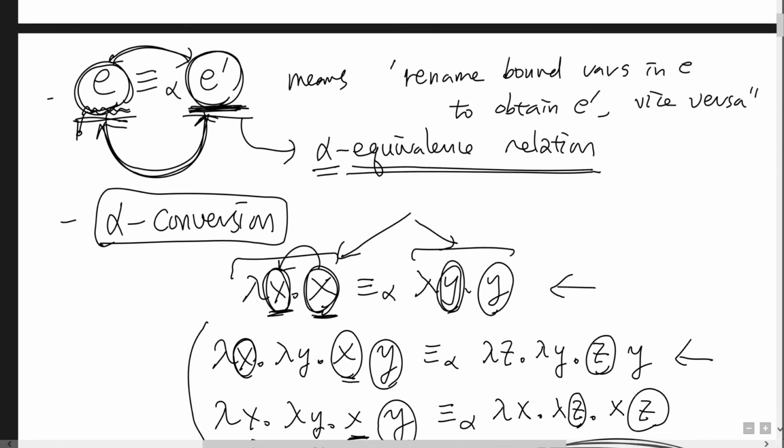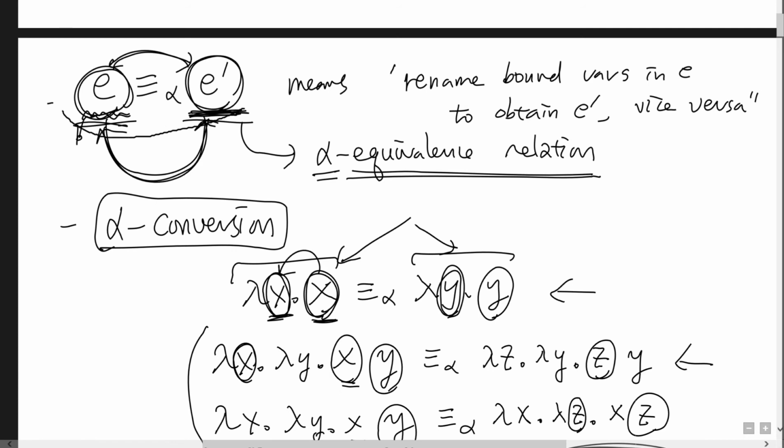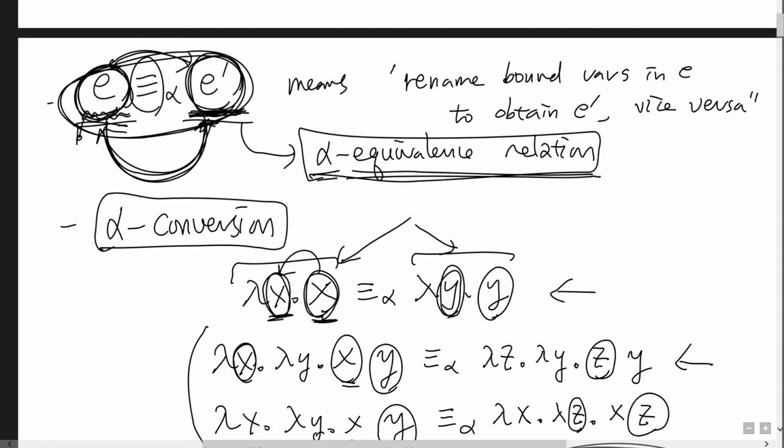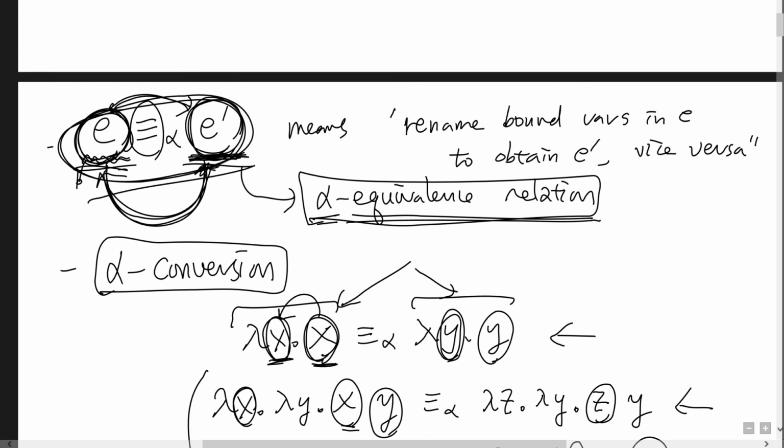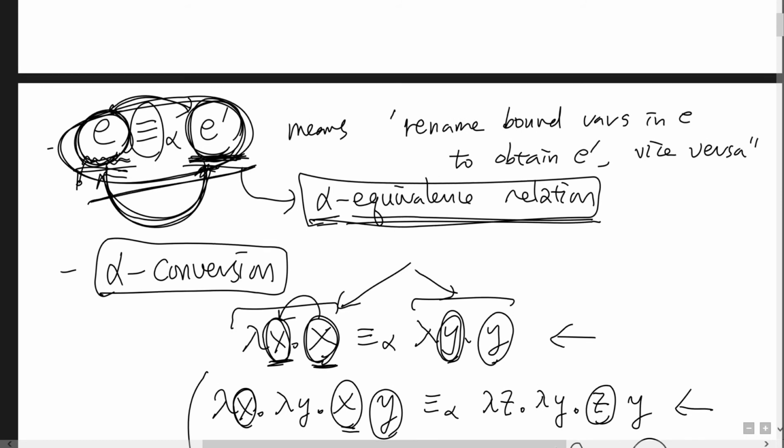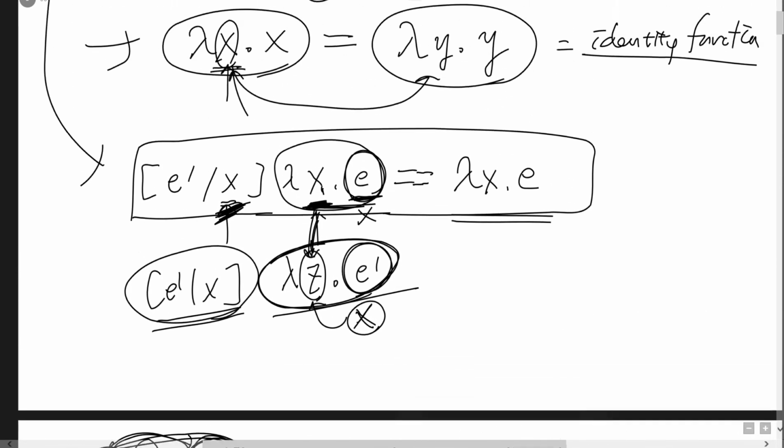So later, we will give a formal definition of this alpha equivalence. But for now, it suffices to remember that by renaming bound variables, you can convert an expression into another equivalent expression. And this equivalence relation is called alpha equivalence. This equivalence relation is introduced because we have the first property.